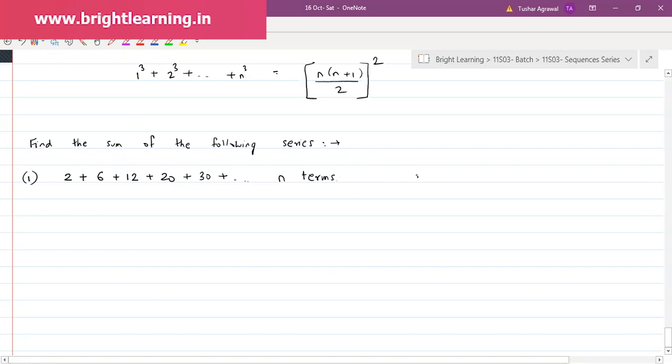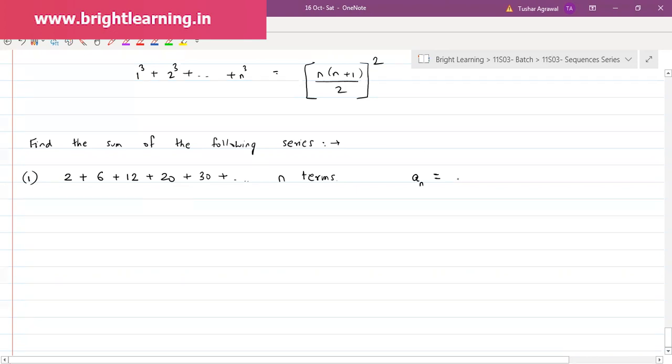Either I will give you the pattern such that you can easily find it, or if the pattern is very random, then it is my responsibility to give you the pattern of the nth term.